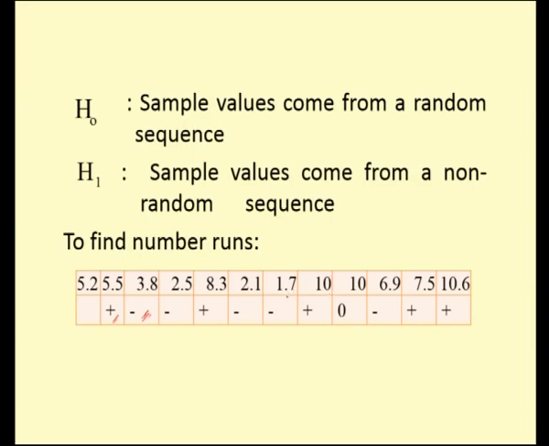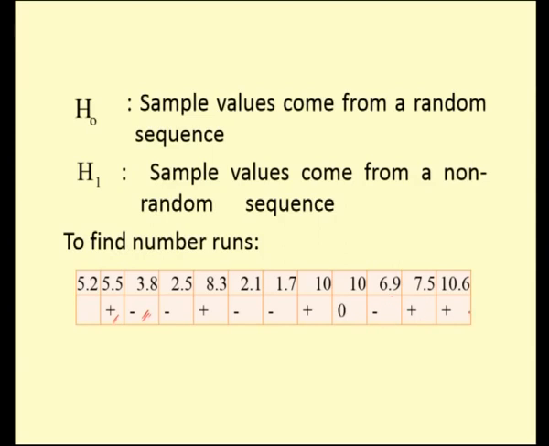Doing the operations in this manner, come to the value 10. When you come to 1.7 and compare with 10, this 10 is greater, so you put a plus sign. Now the next value is also 10. When you compare, you find that there is no increase or decrease, the difference is 0, so you put it as 0. The next value is 6.9, which is lesser, so minus sign.